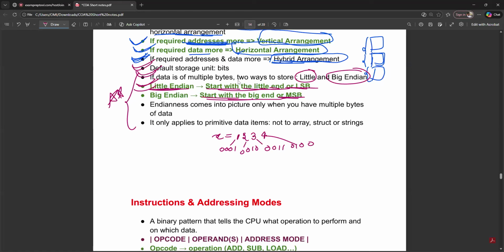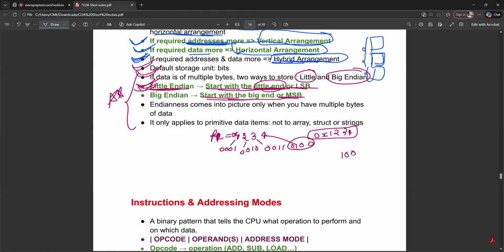Let's say here hexadecimal, 0x. Let's say x contains 0x1234. It is multiple byte data. So in memory, how does it store? For little endian, it starts with the LSB.